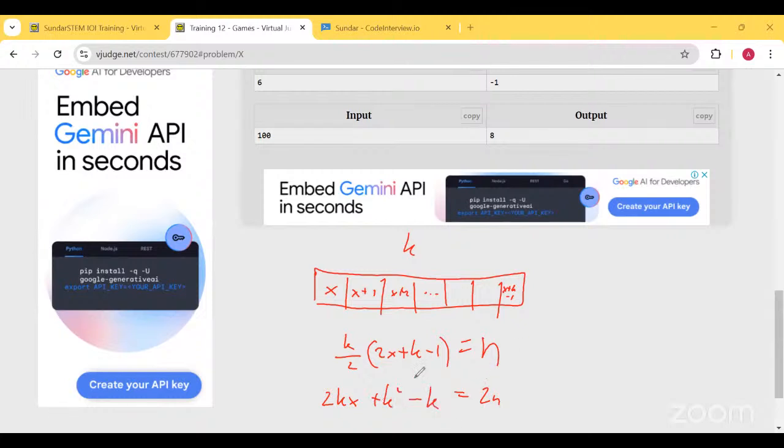And then we can move it to the other side, so x equals (2n minus k squared plus k) divided by 2k.